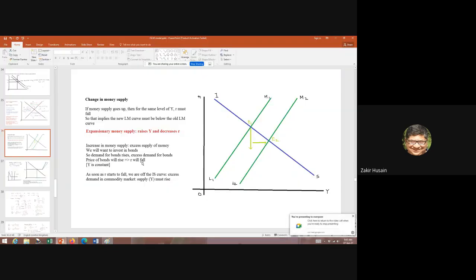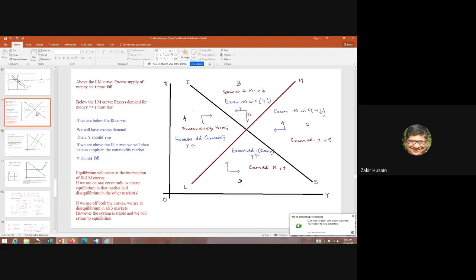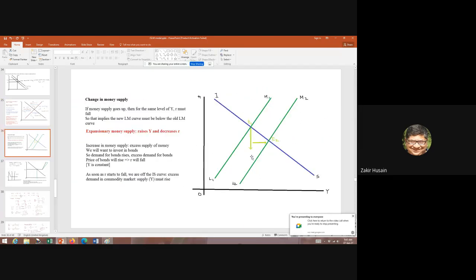Okay. So we have seen that if the money supply is increased, this will lead to excess demand in the money market, and the rate of interest will decline. If the rate of interest declines, this will stimulate investment and income will also increase.